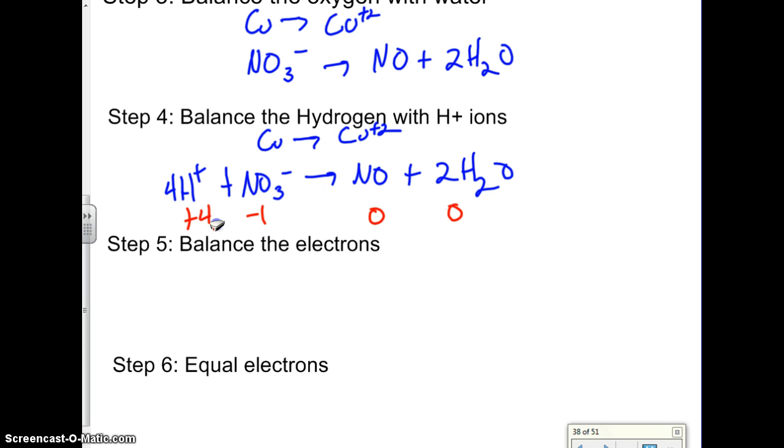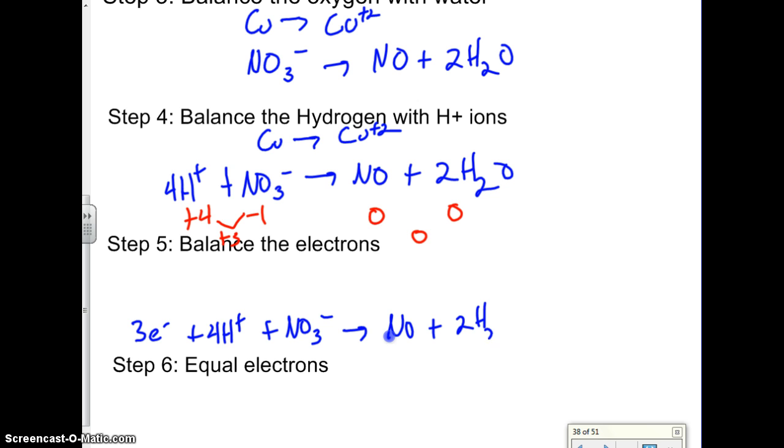So we're going from an overall charge of plus 3 going to 0. Well, what happened there? We obviously gained 3 electrons. So we can rewrite that half reaction as 3 electrons plus 4 hydrogen ions plus NO3 forming NO plus 2 H2O.